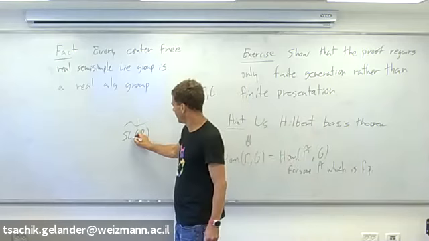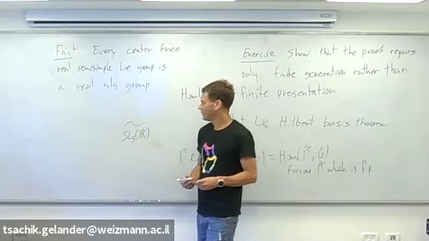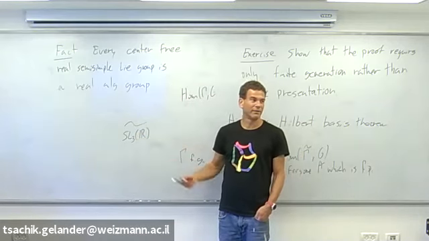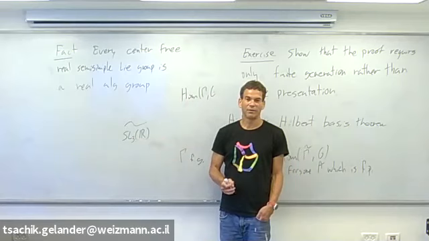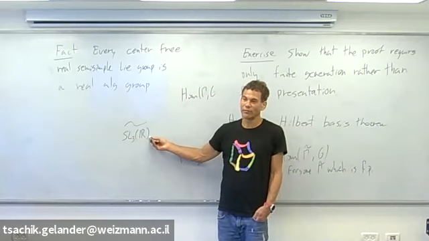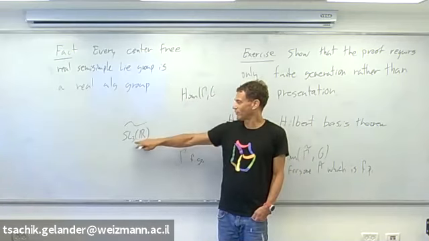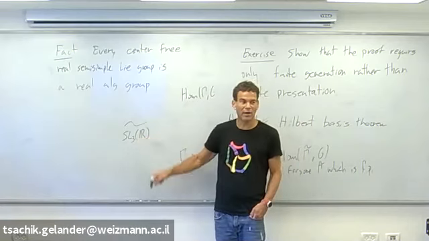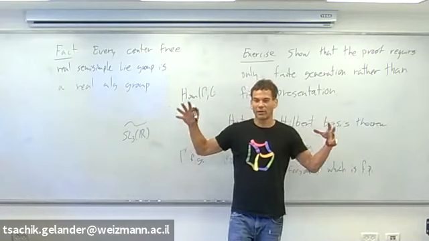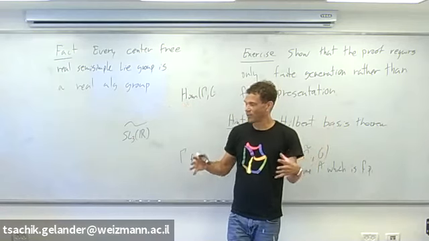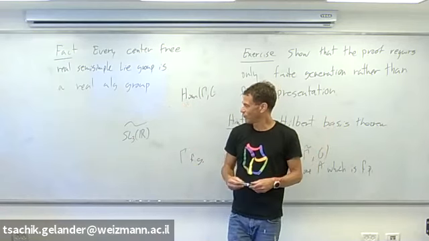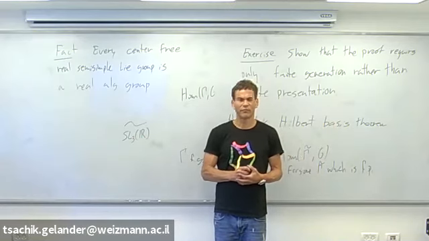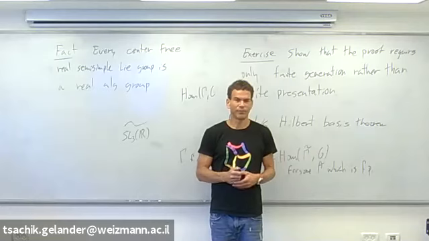Another interesting fact is that the universal cover of SL3(R) is also not linear, and this is just a double cover. The center here has only two elements. SL3(R) is homotopically equivalent to SO3, which is the projective three-space.